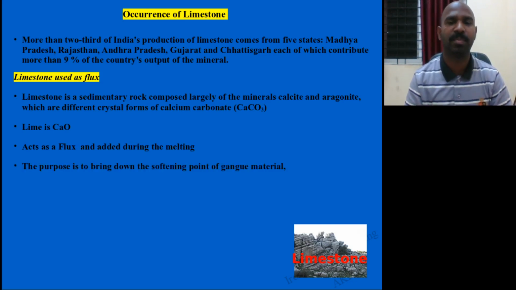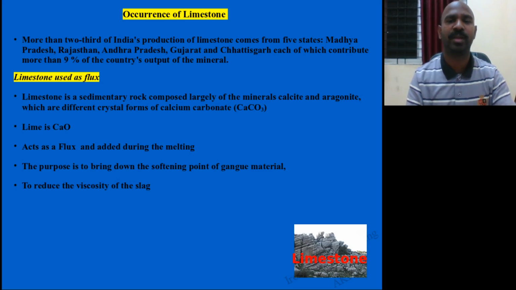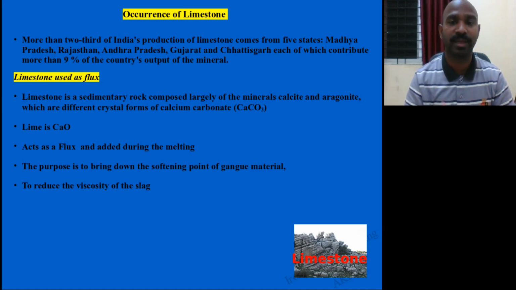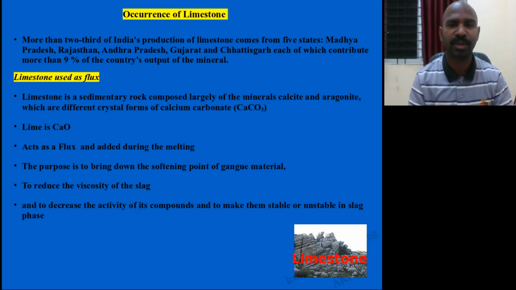Why are you adding this lime? To reduce the softening point of gangue associated with the iron ore. It also reduces the slag viscosity, so that you can push the gangue material to the top surface during the melting stage and easily remove it. That is one more use.